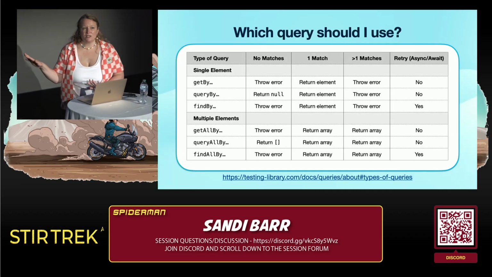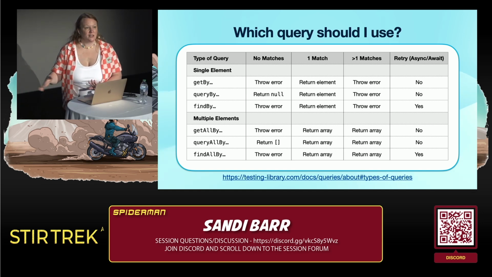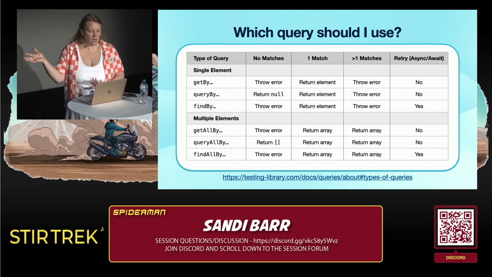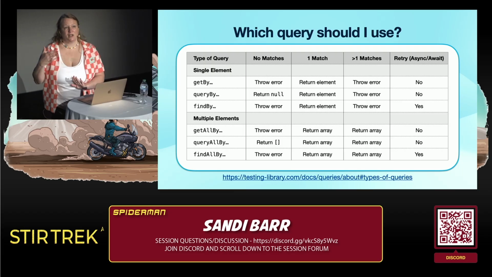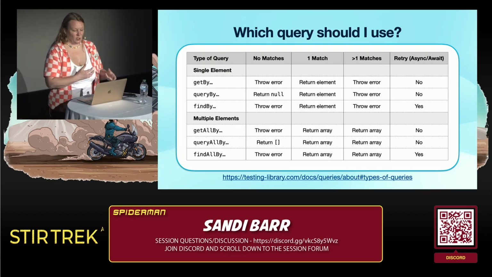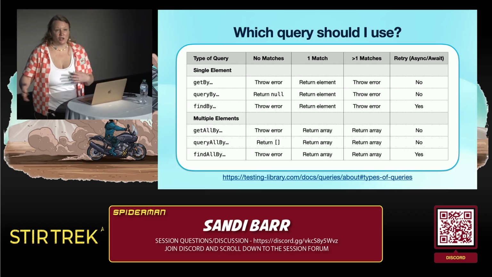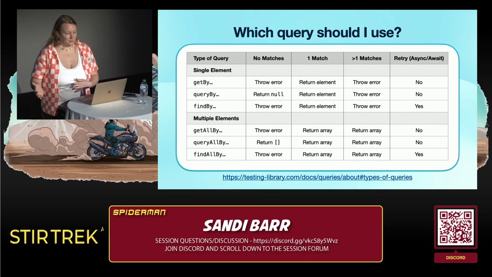Not directly related to accessibility, but while we're talking about testing library, I also want to mention that, in addition to the get by examples I've been showing, testing library provides these additional variants. So there's one set of single element queries, and then another set of all by queries that will return an array of elements matching that query.